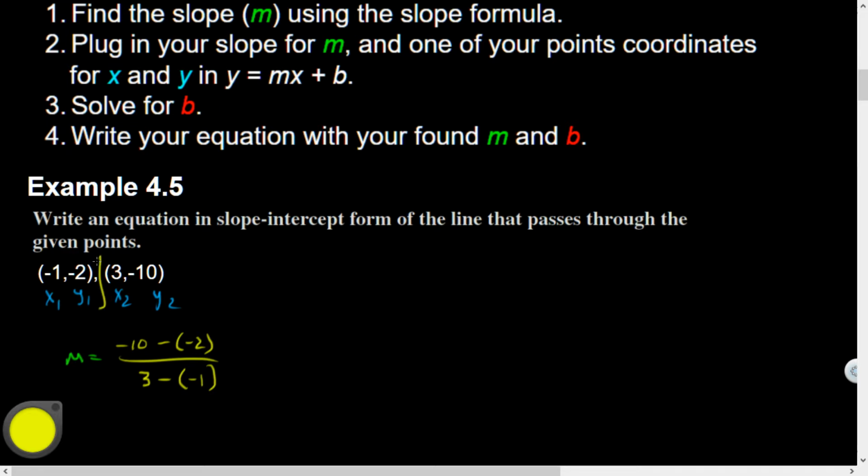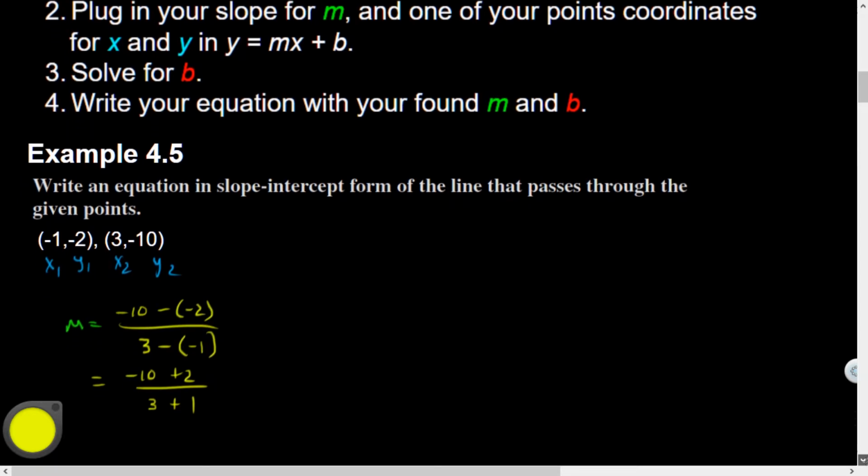You could have called the first point point 2 if you wanted. It doesn't matter which way you do it. You can do it either way. Yeah, you could have done negative 2 minus a negative 10. So guys, minus a negative 10, that's the same as plus 2. I'll write this extra step. And this is the same as 3 plus 1.